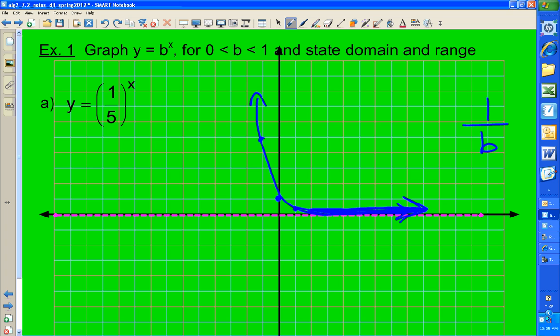So if b is already a fraction, in this case 1/5, 1 divided by 1/5 is the same as 1 times 5 over 1, which is 5. It's just easier to think whenever you see this, just take the reciprocal.